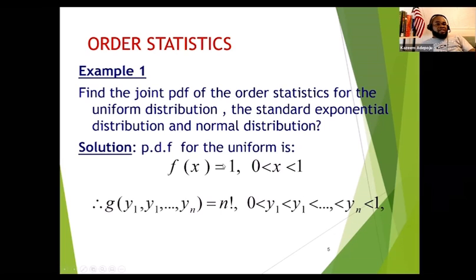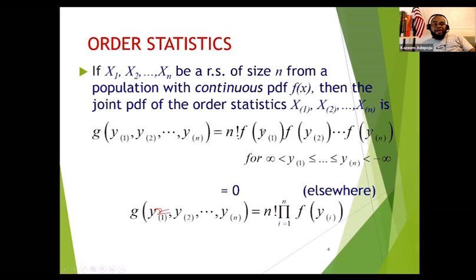If you want to start with the uniform, of course f of x equals 1, and the probability distribution of the joint of the ordered variables y1, y2 up to yn is, you remember the formula, n factorial multiplied by f of y1, f of y2 up to f of yn.